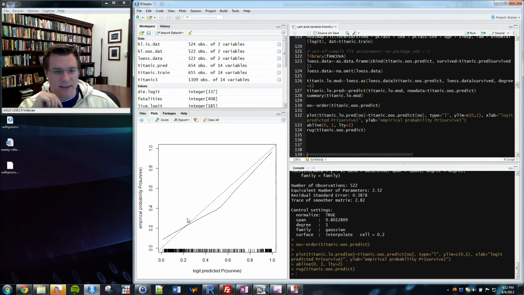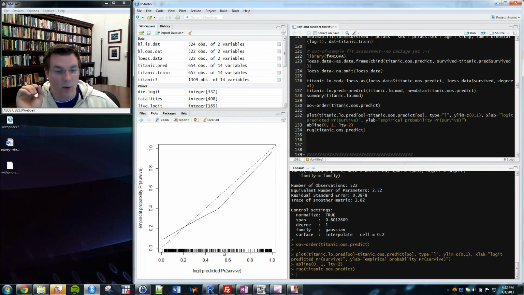It's probably because, as you can see, over the entire length of, let's say, probabilities greater than about 0.2, this model is tending to overpredict survival. So for people that have, say, an 80% chance of survival, only about 70 to 75% of them actually survive. For people that have, say, a 50% chance of survival, only about 40% of them actually survive. So we're overshooting survival probabilities over a fairly wide range of the data set.